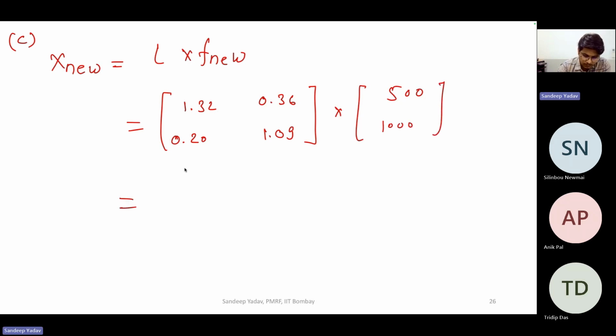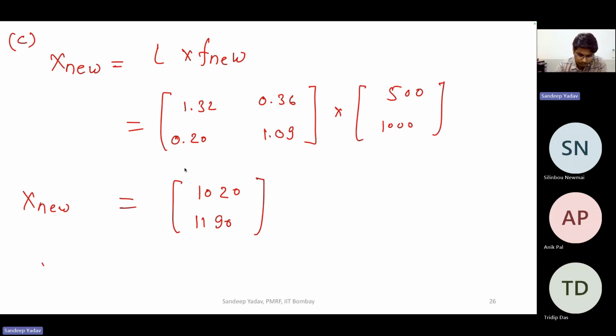If you solve this matrix, you will get 1020 and 1190. This is X new.